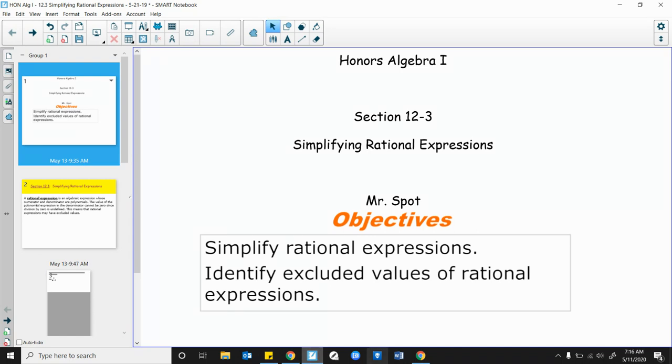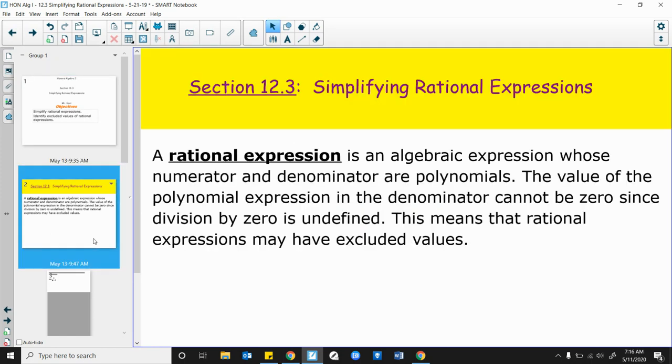So section 12.3, simplifying rational expressions. A rational expression is an algebraic expression whose numerator and denominator are polynomials. When you think of a rational number, we usually think of a fraction.